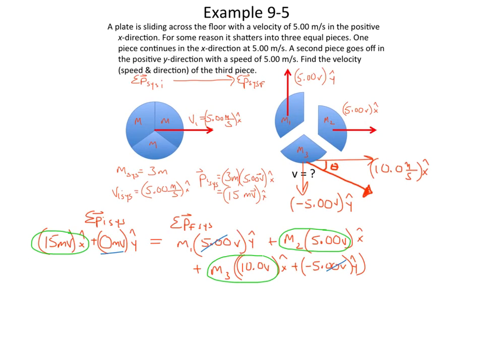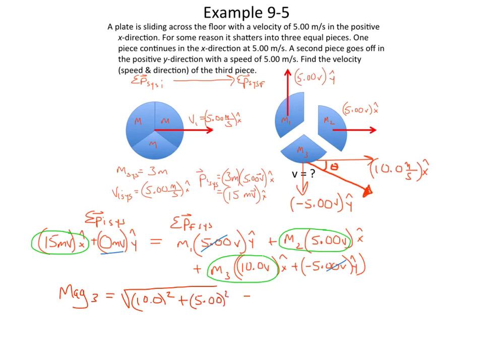Okay, so we'll say the magnitude of mass 3 equals what? Well, we have our x and our y components, so we're going to use the Pythagorean theorem, right? Square root of our x component, what's that, 10? 10 squared plus our y component, that's negative 5, of course negative 5 squared is just going to be 5 squared, so 5.00 squared.